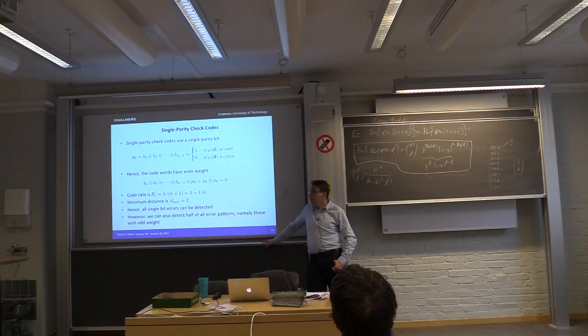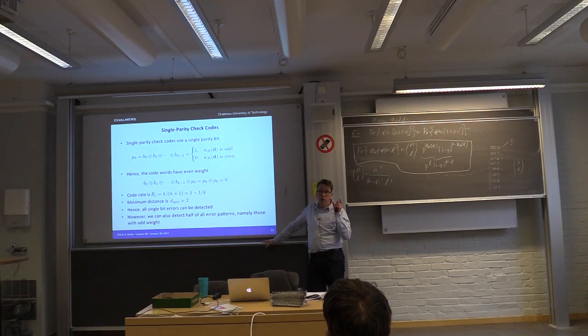And then it can detect all single bit errors. So if the likelihood of having double errors is extremely small, then this might be good enough. It's good when we are strapped for resources, when we want something with a really low complexity implementation, and when the channel is fairly good, in the sense that it's not very often we get more than 1 bit error.